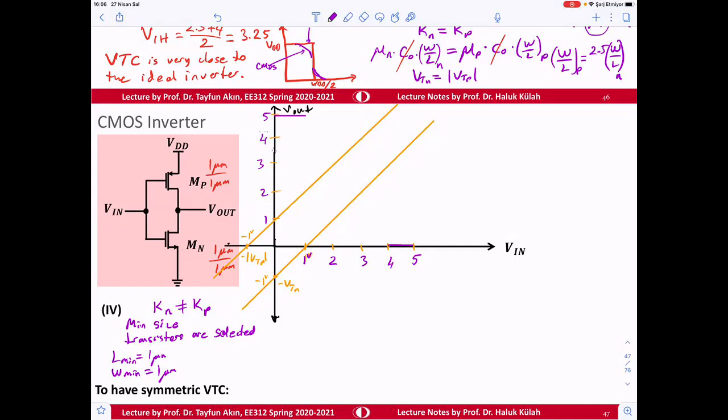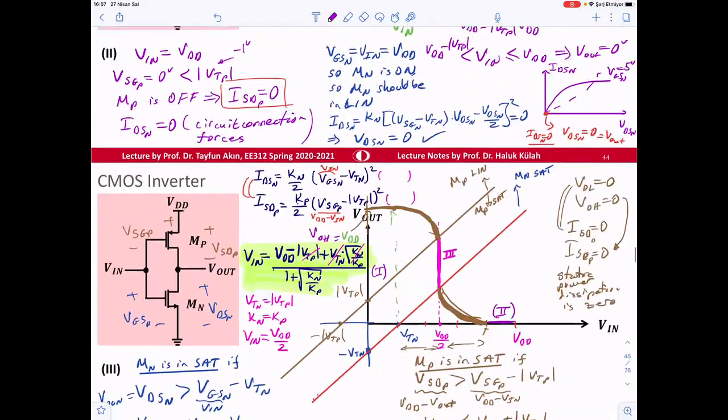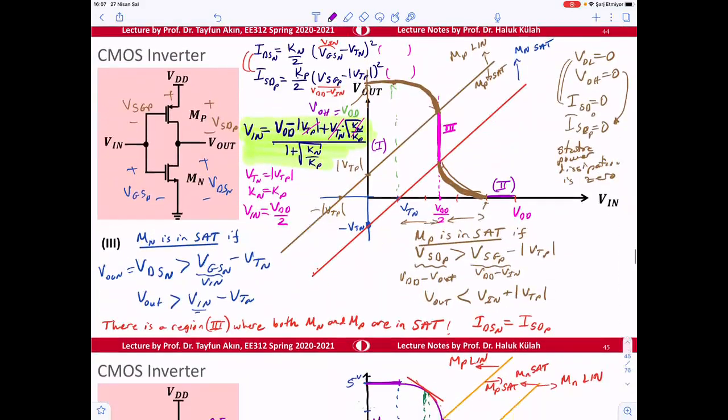If you select that midpoint or transition point, where both transistors are in saturation, and you calculate this, I gave you the equation. What was the equation? I guess I wrote it down somewhere around here.